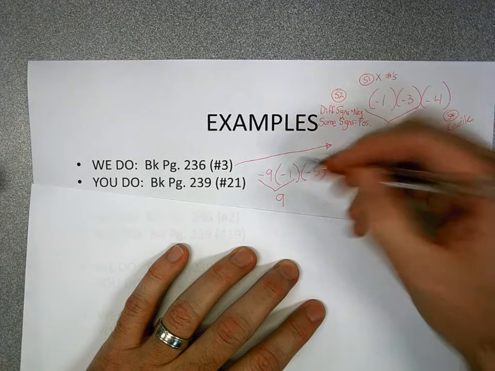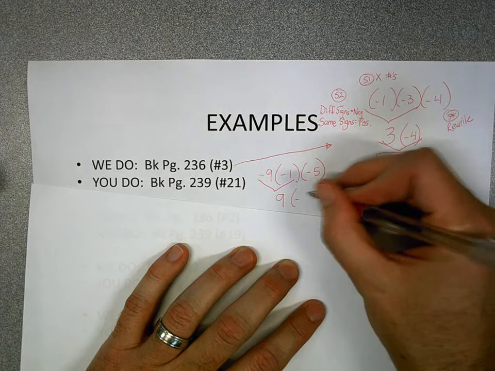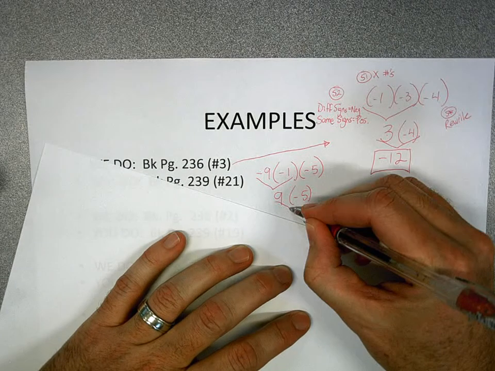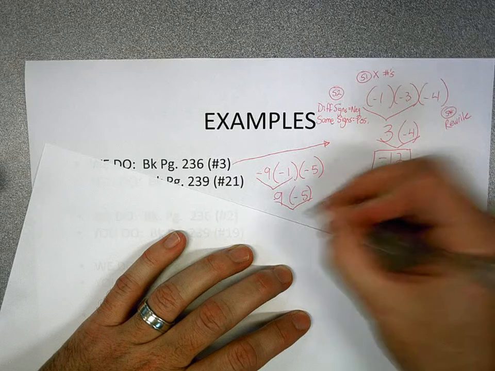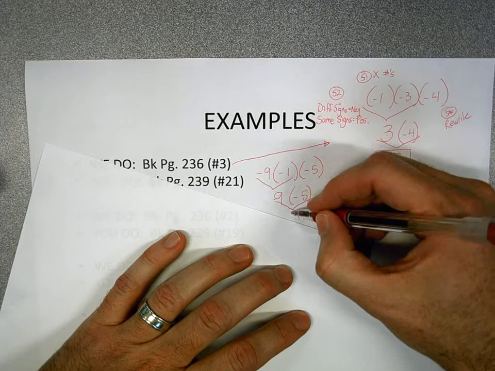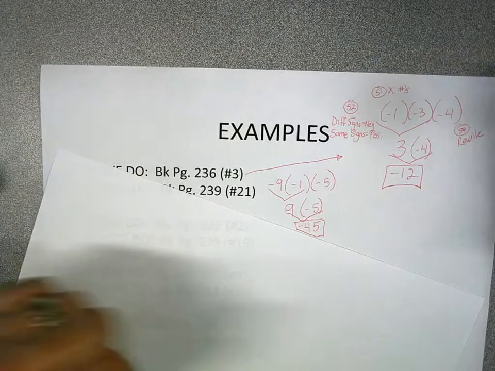They're the same sign, so it's a +9. Bring down and rewrite my -5. And 9 times -5, well, 9 times 5, I'm ignoring my signs, is 45. They're different signs, so it's -45.